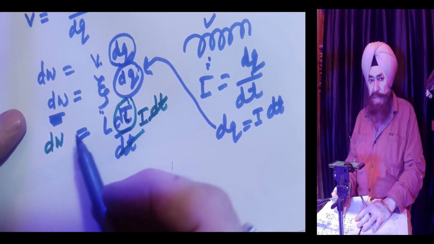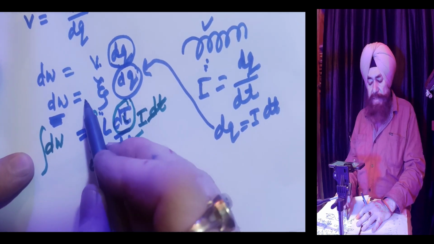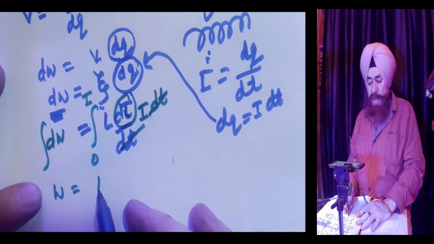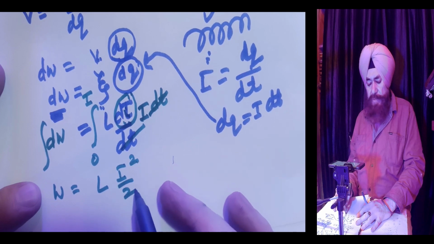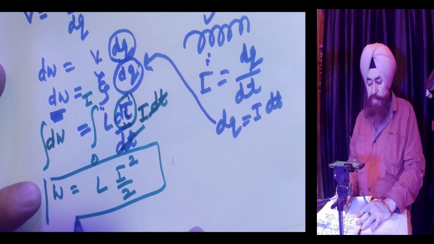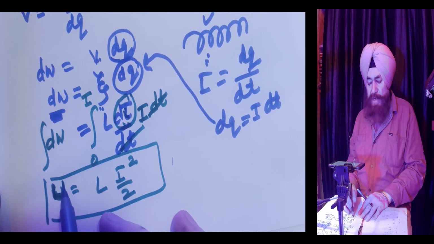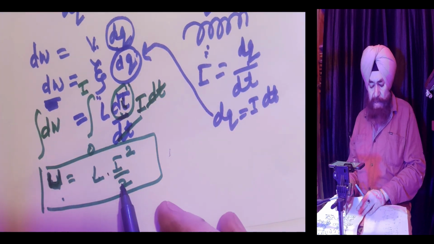Now what is the total work done when the current rises from 0 to I? So work becomes integral of L I dI, which is L I square upon 2. This is the work done, and this work done becomes energy, which is represented by U. U is equal to L I square by 2.